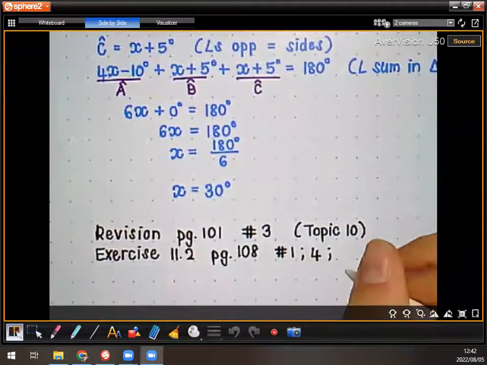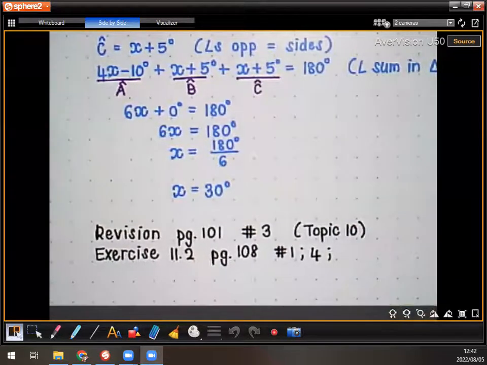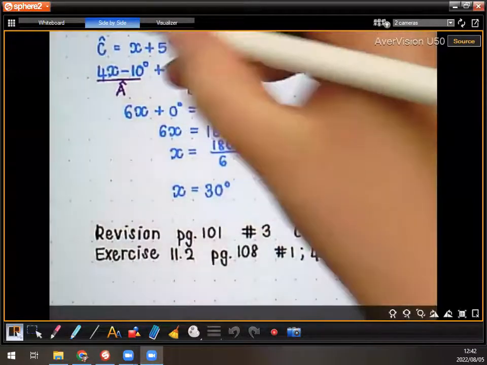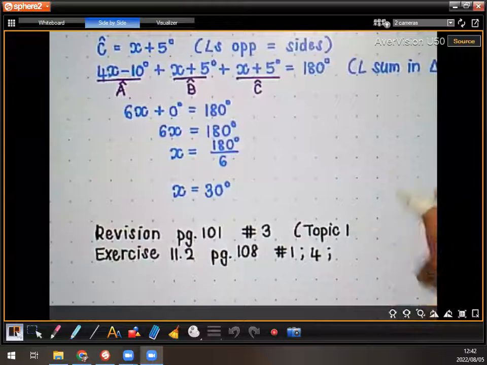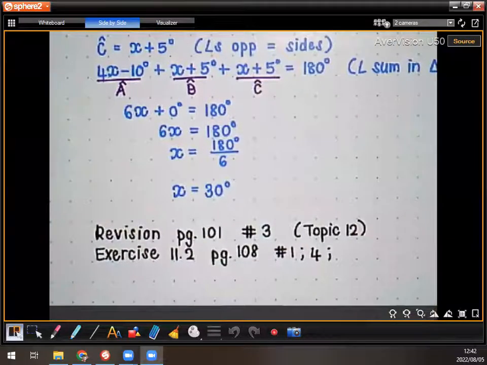And then the next one. Or even the topics are different. Oh dear. Okay, sorry. So it's actually not even topic 10. It's geometry of straight lines. So topic 12. Sorry, it's topic 12 in the other book.